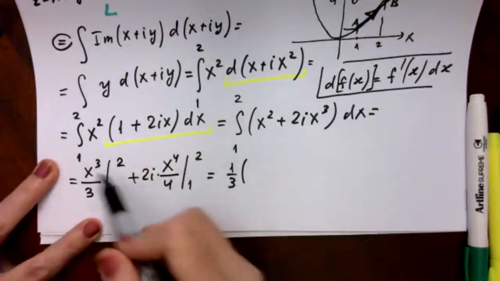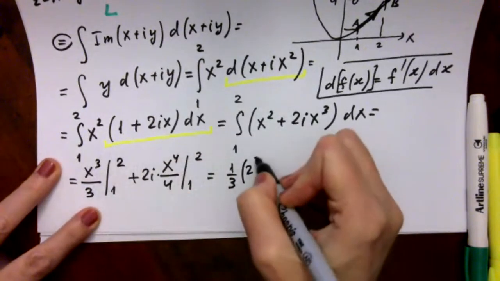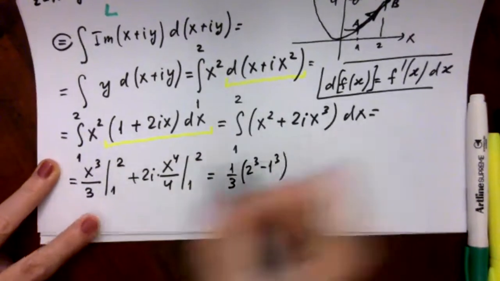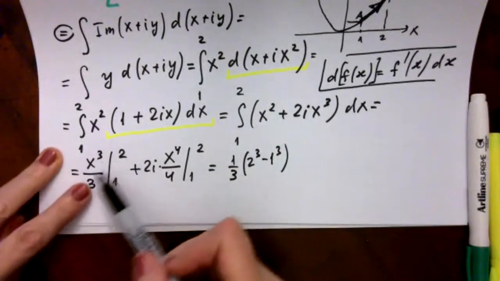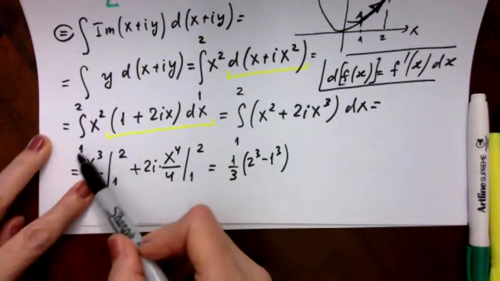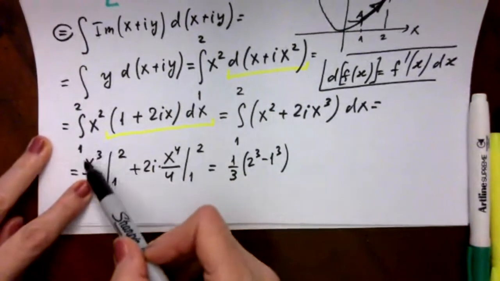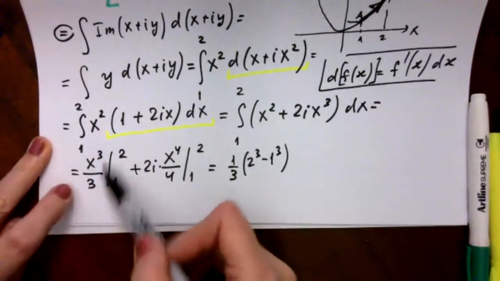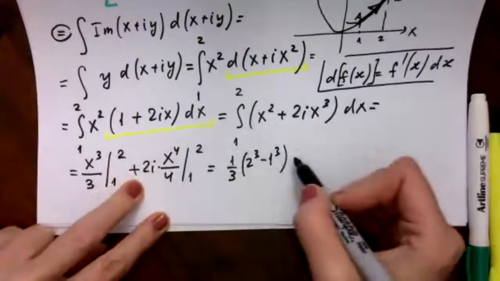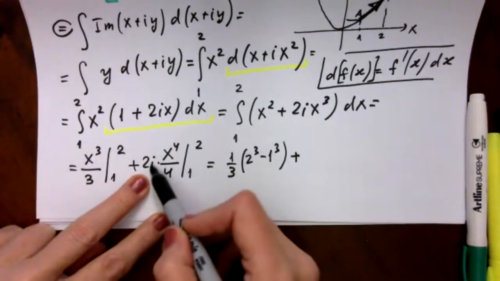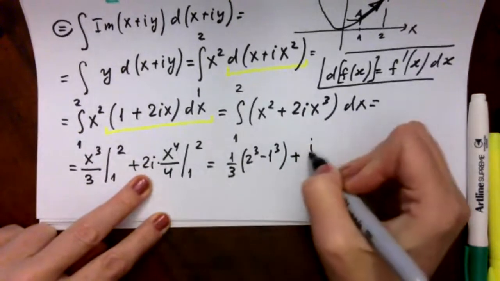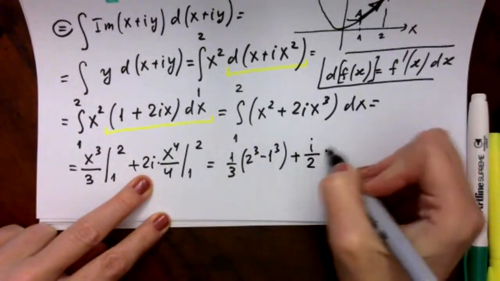And now we can perform this calculation. It will be 2 cubed minus 1 cubed. As you can see, I prefer to pull out 1 over 3, not to worry about it too much when I'm substituting these numbers, because this expression looks much simpler than the whole expression. The same I prefer to do here. Here 2 and 4 get simplified a little bit, so I divided by 2 is my coefficient.